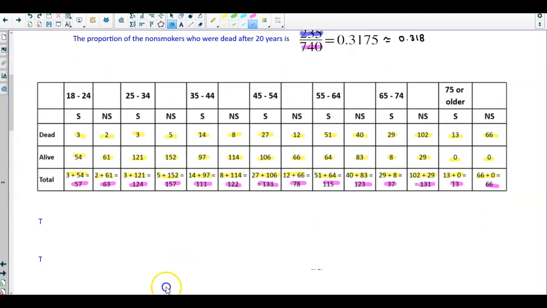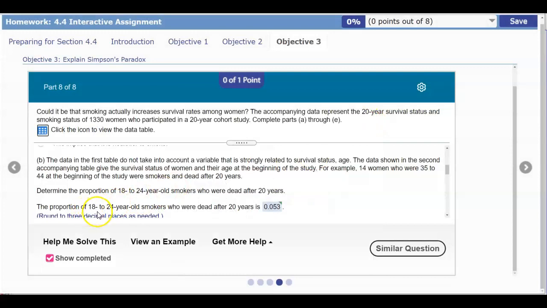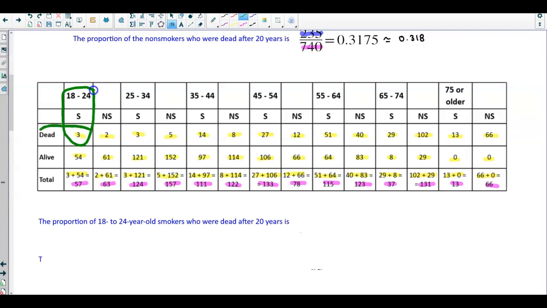Okay, now the question is asking the following. It's saying the proportion of 18 to 20-year-old smokers who were dead after 20 years is. So we want to figure out the proportion of 18 to 20-year-old smokers who were dead after 20 years. So let's take a look at that value here. We're looking at 18 to 24 of the smokers who were dead.